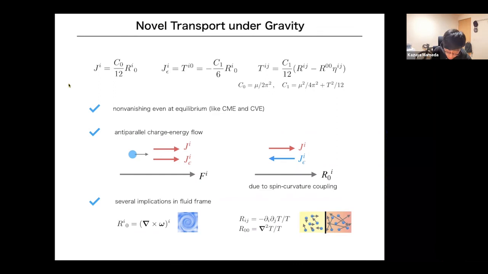And from these three quantities, we can apply to actual quantum systems under the replacement of the Riemann curvature, Ricci tensor, and vorticity, or Ricci tensor and temperature gradient.